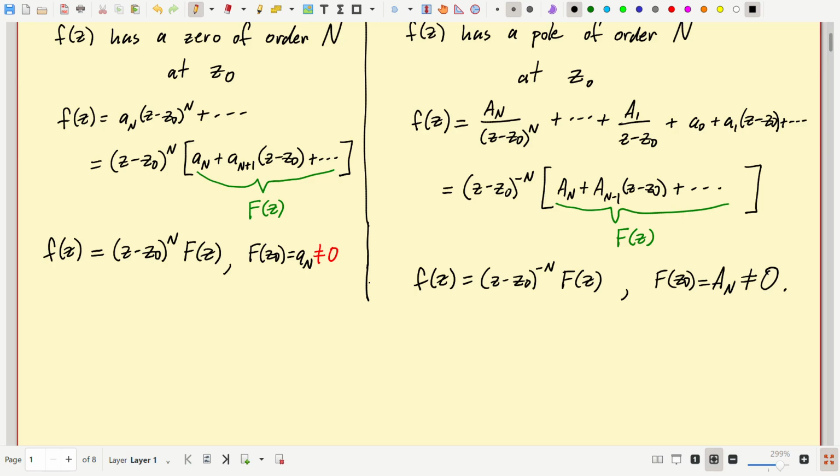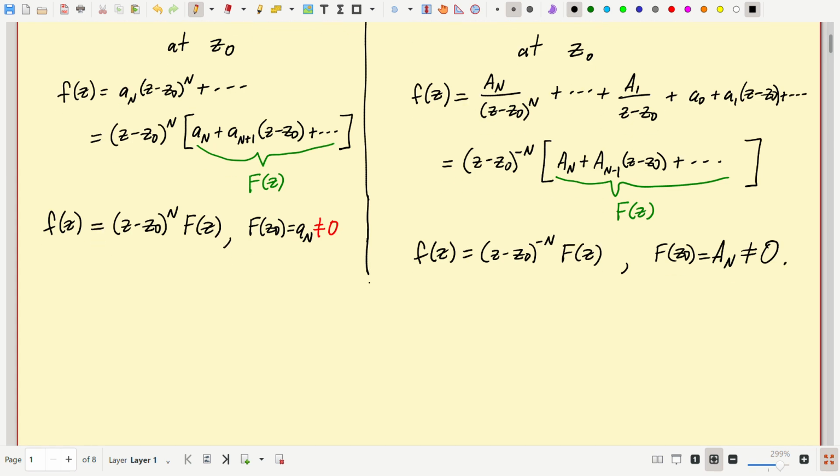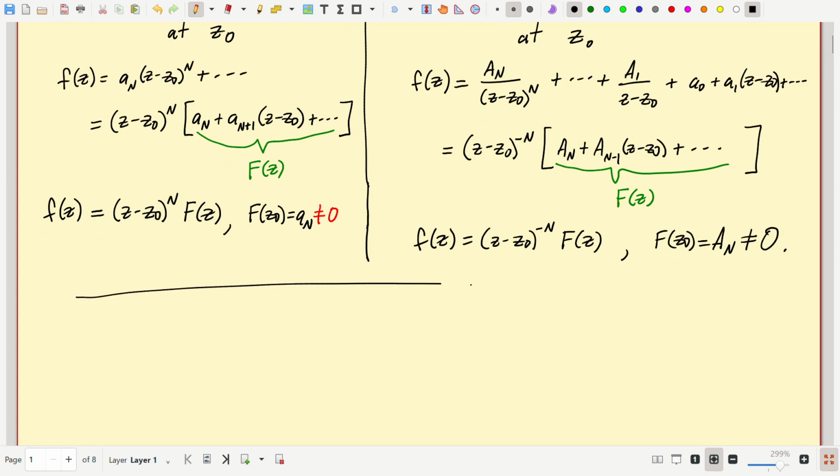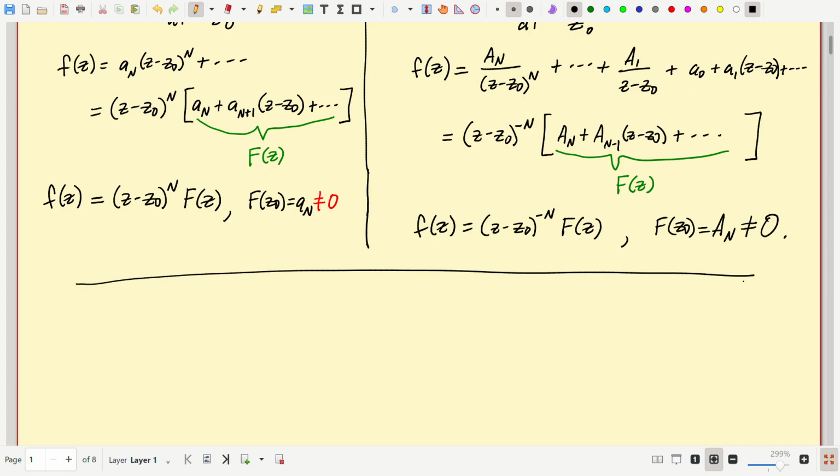Okay, so here's a fascinating thing now. And this, too, is an if and only if kind of thing. If I can write f like that in terms of a capital F, then sure enough, it has a pole of order n at z0.